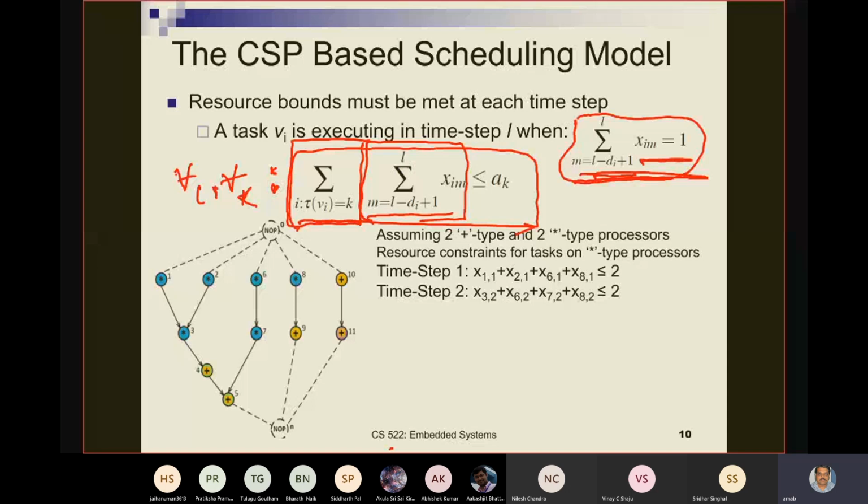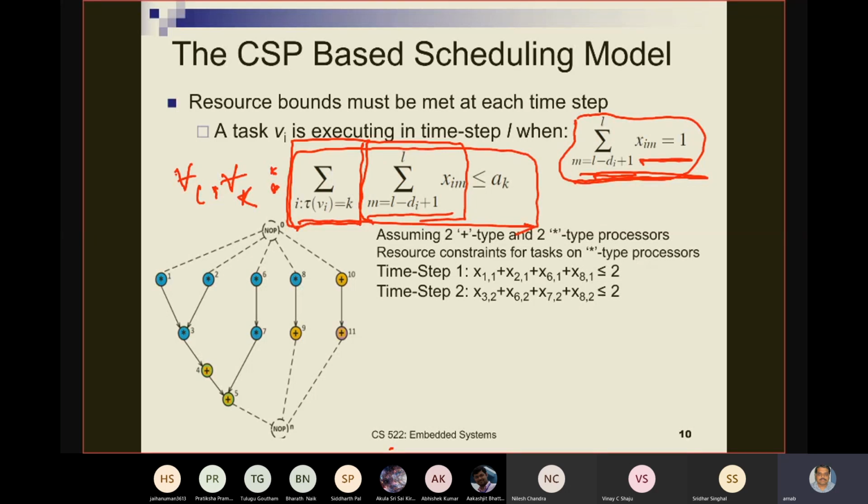Similarly, for the second time step, for the start type processor, x32 plus x62 plus x72 plus x82 has to be less than or equal to 2, because at the second time step, who can possibly be executing? Either x32 or x62, because task 6 can execute in 1 or 2.